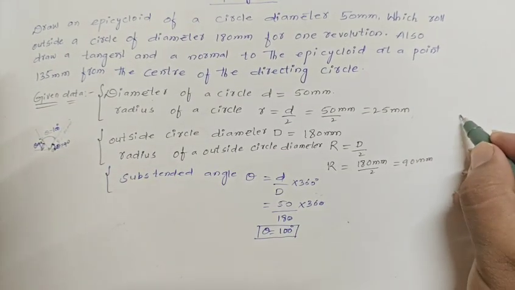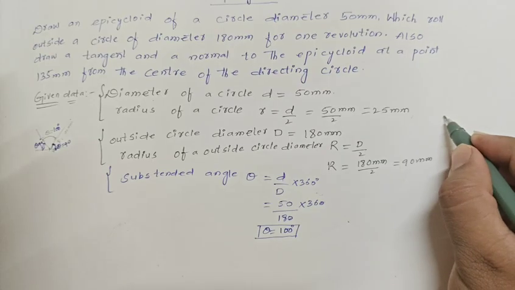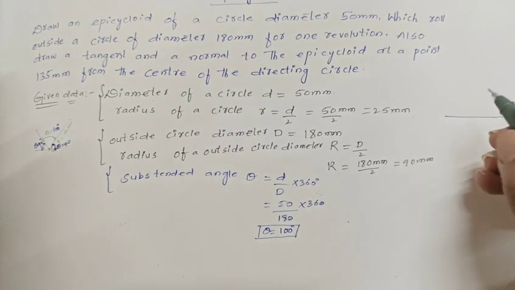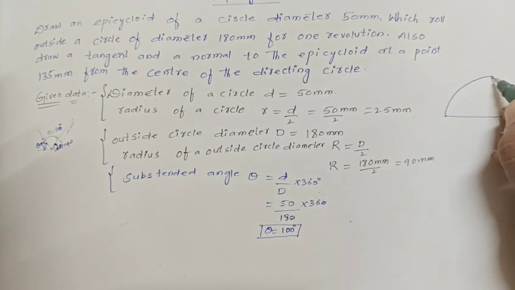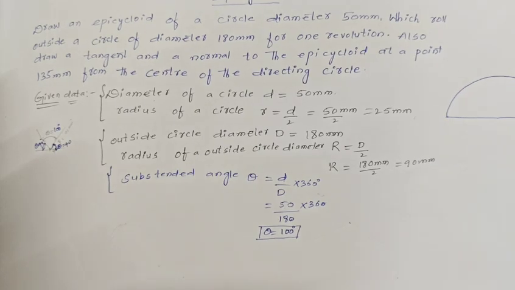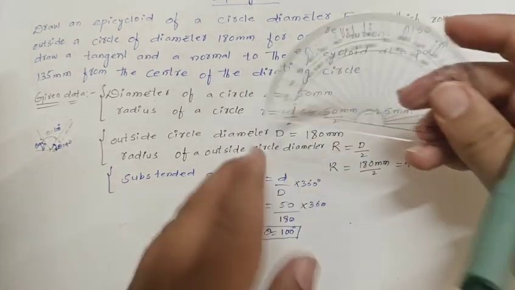Let us see over here. We have one D scale. I am taking one paper, so you will get the idea. This is our point, and this is our D scale.